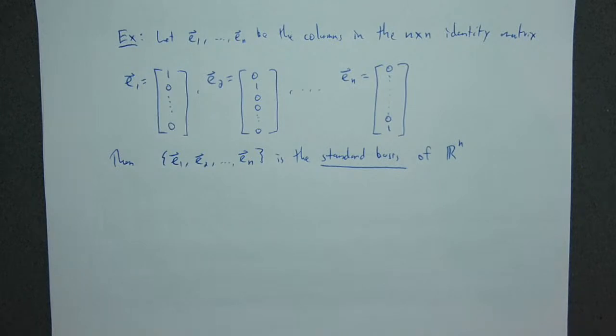Yes, so in R3, these are the ijk's, right? What did you use when you were doing Calc 3 and you were dealing with the i, j's and k's? What was the purpose of writing out those i, j's and k's? Those are the standard basis vectors E1, E2, E3.